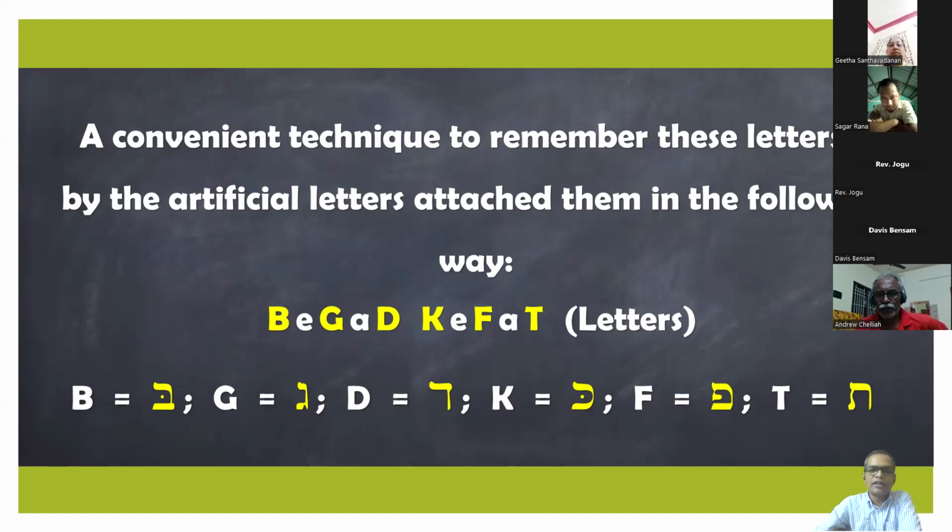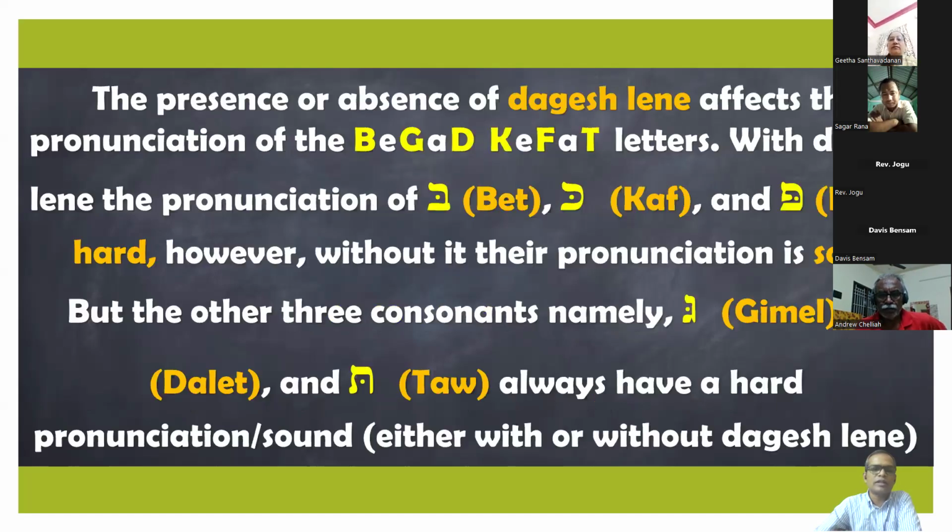Now, coming to the third point: the presence and absence of the Dagesh Lene, that is the dot, in these 6 letters will affect their pronunciation. That's what I said. How does it affect their pronunciation?